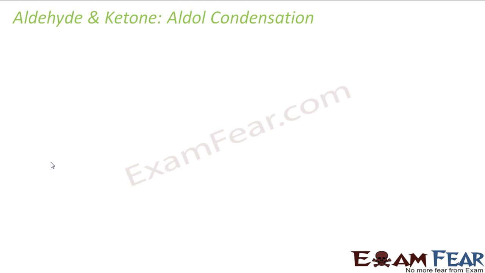Now we'll talk about aldol condensation. This is in continuation with the alpha hydrogen which we have discussed, and for aldol condensation, at least one alpha hydrogen should exist. I'll explain this again when I explain the aldol condensation. This is the reaction between two molecules of aldehydes or ketones.